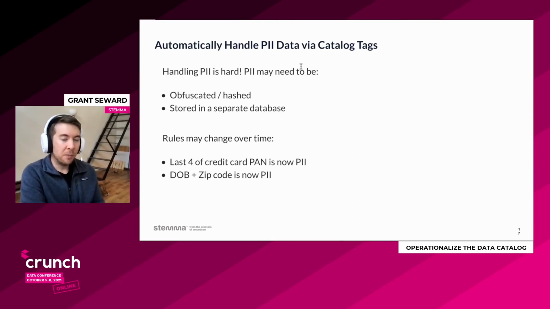This challenge is compounded when you consider that the requirements around handling PII often change based off of internal rules or external regulations. You may receive notice that storing the last 4 digits of a credit card number are no longer allowed, or that the combination of zip code and date of birth cannot be kept in the same tables.